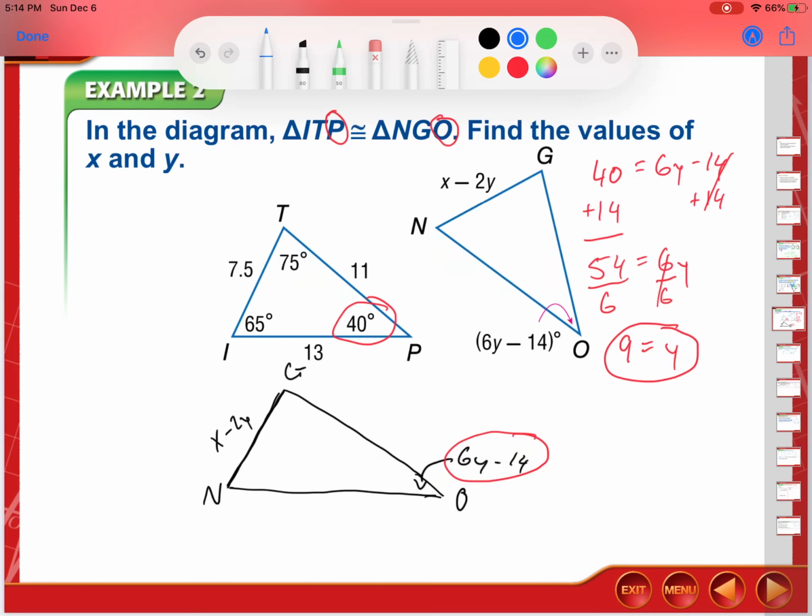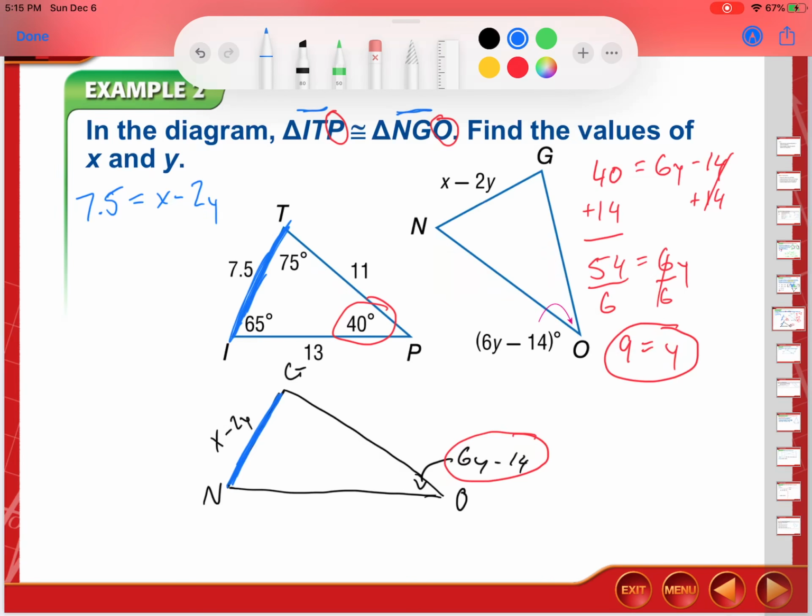Now that we know y equals 9, we can try to solve the second piece, which is this side NG, which is our first two, and side IT. Those two are corresponding, so I'm going to highlight that side in blue. This side here and this side here are congruent. So we're going to set the values of those sides equal to each other.